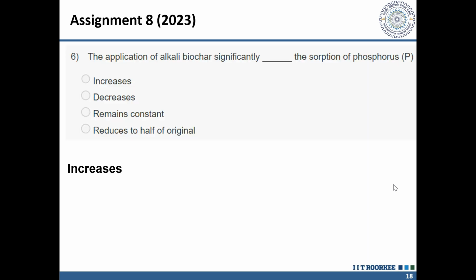So now let's move on to the sixth question. The application of biochar significantly affects the absorption of phosphorus. Biochar is very useful for increasing soil quality, for soil improvement, because biochar is a very good adsorber.